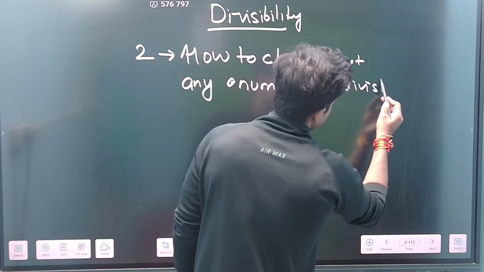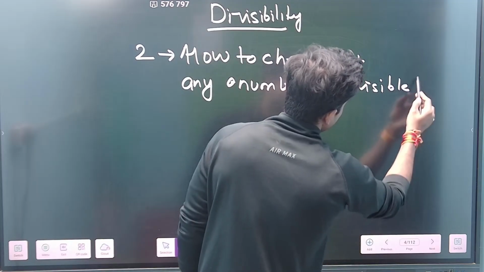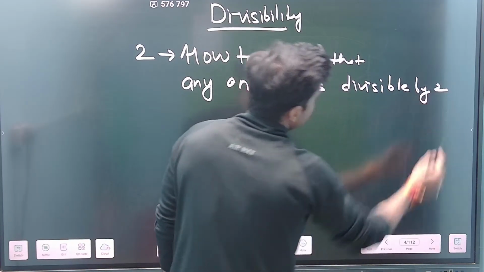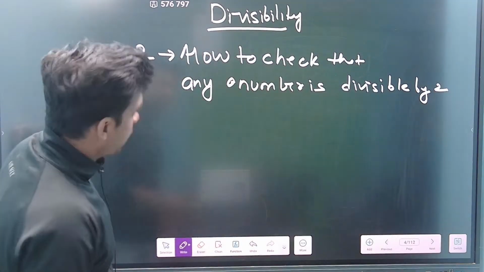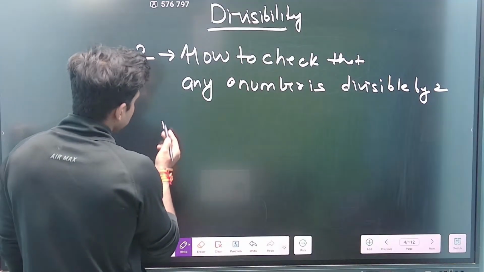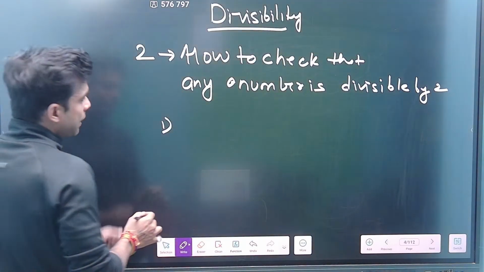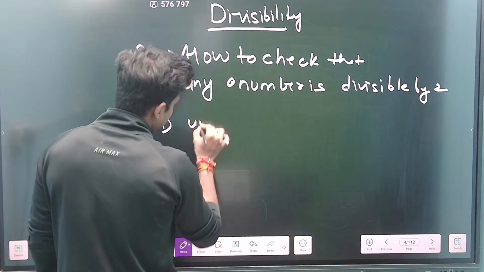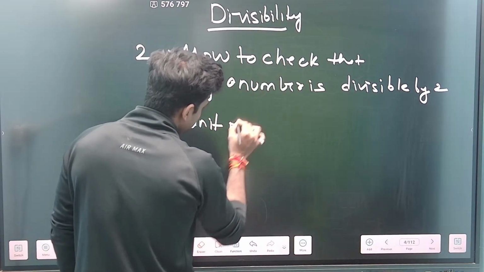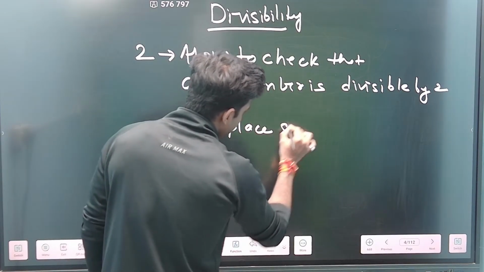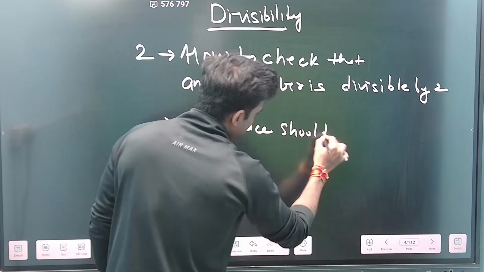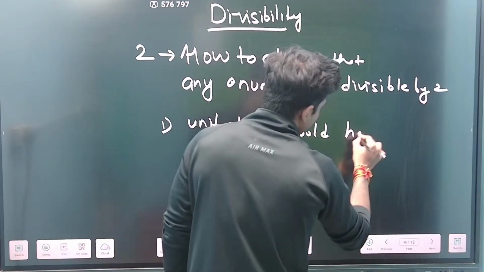Divisible by 2, how to check that? Every number has a unit place. So you can write: the unit place should have either 0, 2, 4, 6, or 8. These are very important.